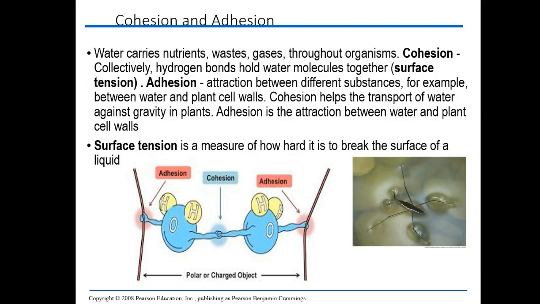This concept of cohesion and adhesion: in any water system or any life system, ours included, you have nutrients and gases carried in a fluid substance. Think of your blood.